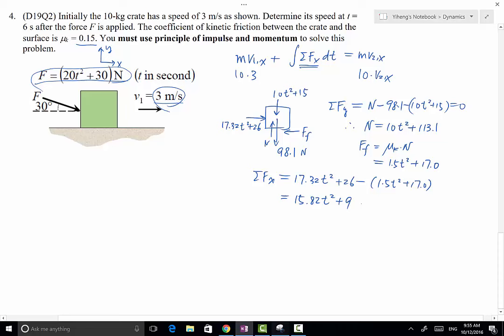And now we're ready to apply the principle of linear impulse and momentum.